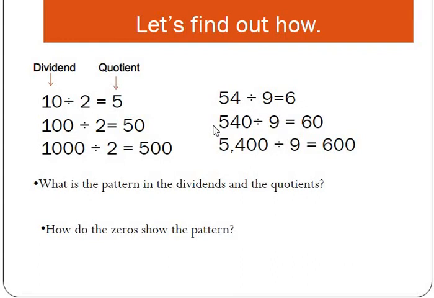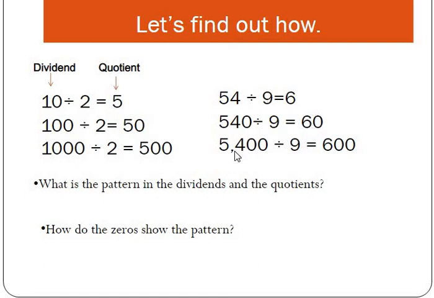I will look at the basic fact in this problem. The basic fact here is 54. And I know that the 0 is added to it, because 54 divided by 9 is 6. So you will just take the basic fact and hide the 0 for a moment. And after you finish, just put the 0 back.